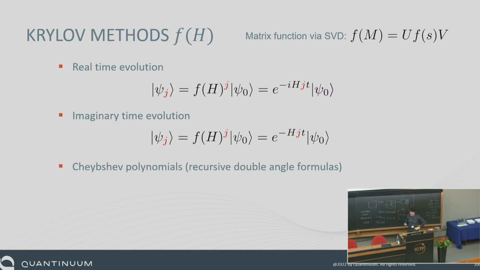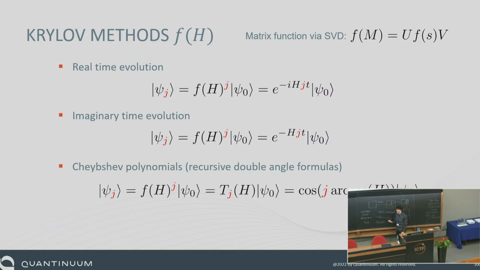And then finally, the very sexy topic at the moment in quantum computing is the Chebyshev polynomials. The way I think about them is as the double angle formula that you learn at A-level or whatever high school diploma you did. If you recursively do that n times, you get the Chebyshev polynomials, basically.